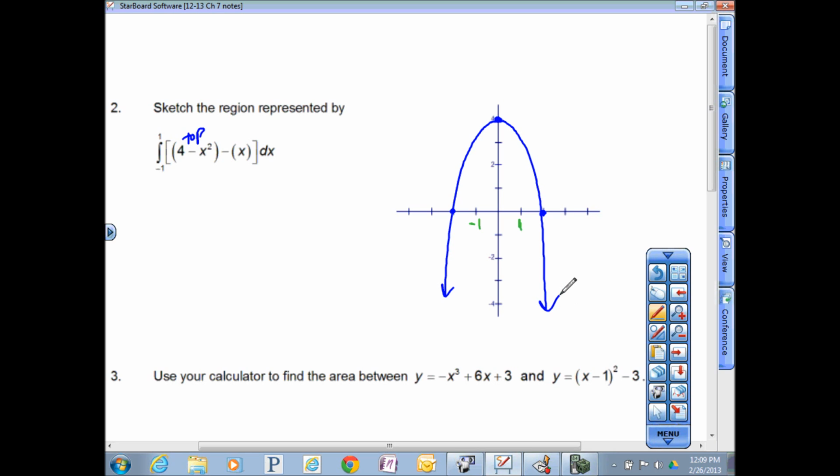My bottom function would be y equals x, which is a line; work out the y-intercept and slope. So there's my bottom function. Now I am looking for the area of the shaded region in between -1 and 1.